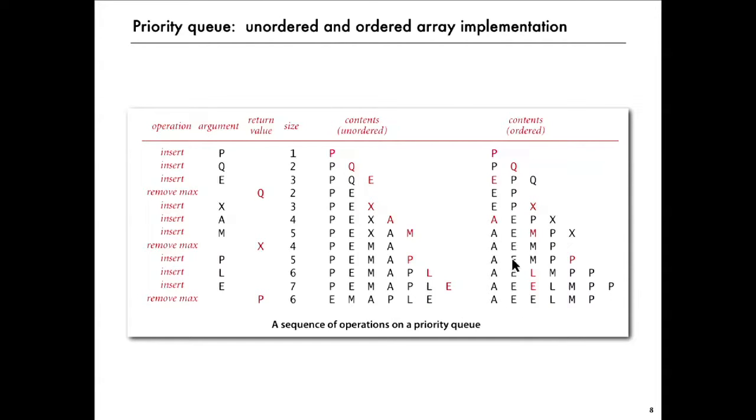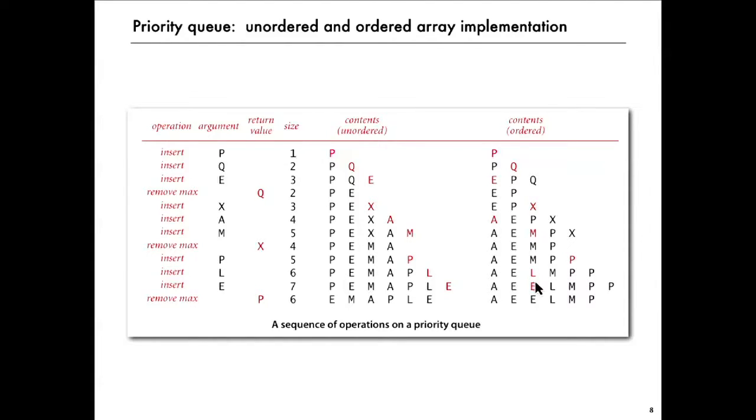Or you might decide, well, let's try to keep things in order, and then that might involve some work. It's like insertion sort. You have to find the place to put the new item and then put it in the right place. And again, you could do this with a linked list or with a resizing array, but then with an array, you'd have to move all the larger ones over one position to fit the new item in. When we insert E, and we're supposed to keep them in order, we have to move over L, M, P, and P to get the E, N, and so forth.